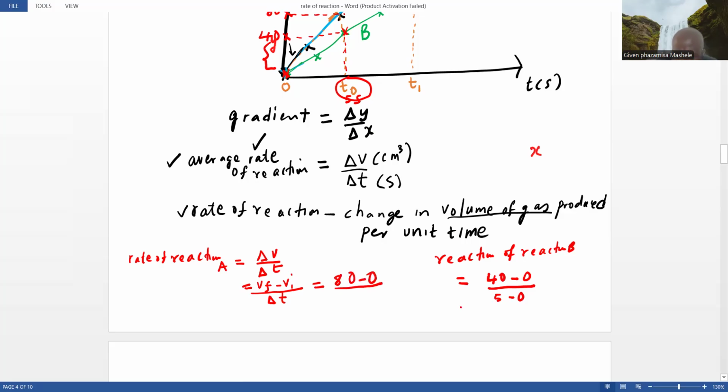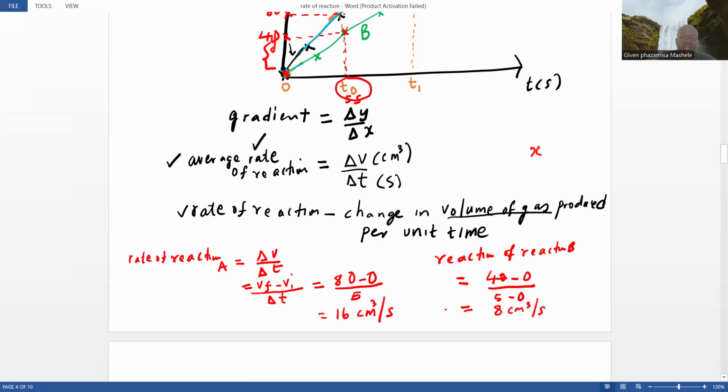We want to compare the rate of reaction. So 80 minus 0, which is 80, 80 divided by 5 will give us 16 centimeter cubed per second. And this one will give us, oh, it's 40, I apologize, 40 divided by 5 will give us 8 centimeter cubed per second.